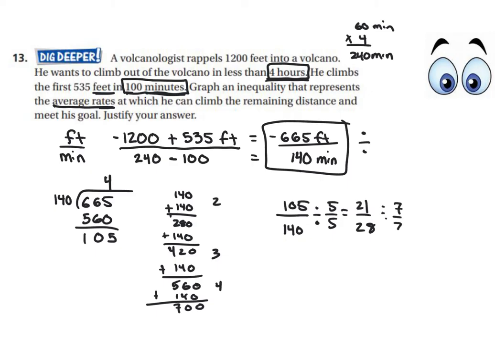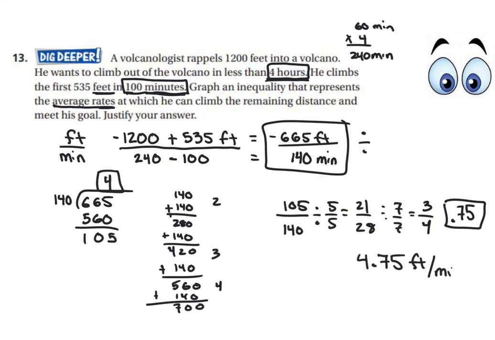You can divide by 7 over 7. 3/4. 3/4 could be written as 0.75. So now we have 4.75 feet per minute.